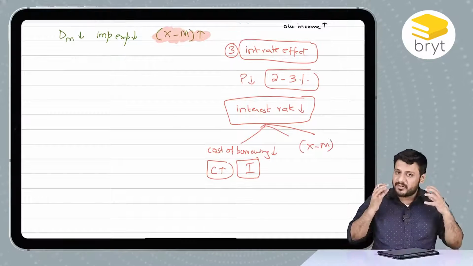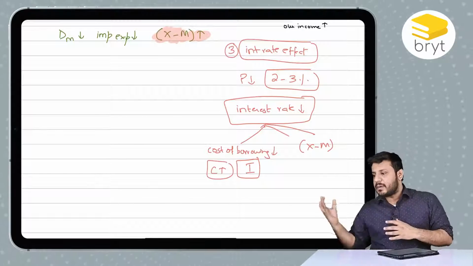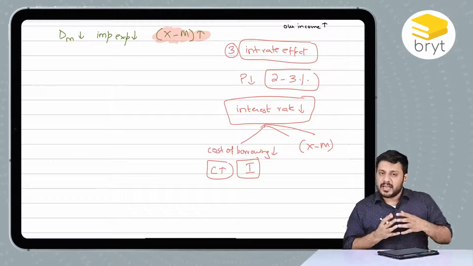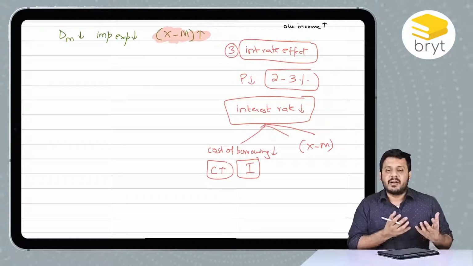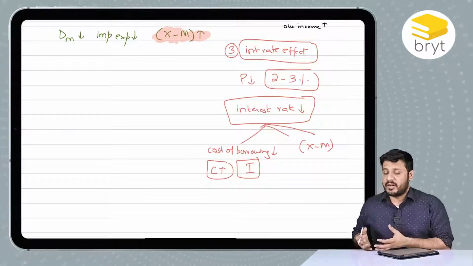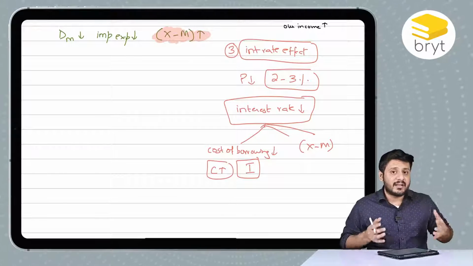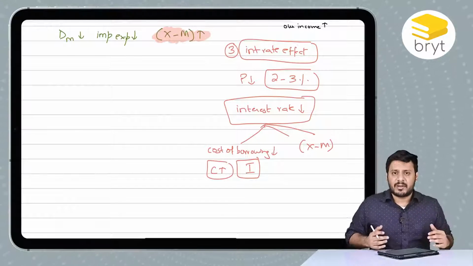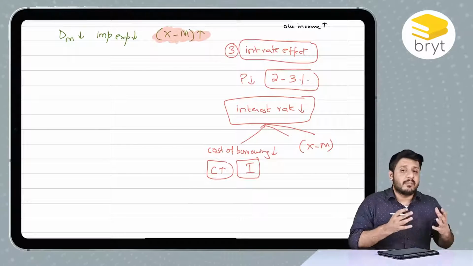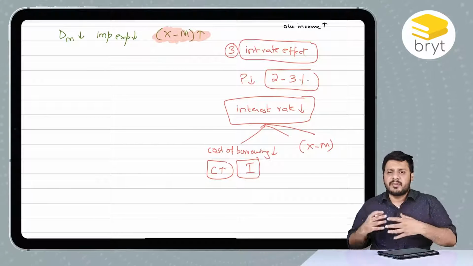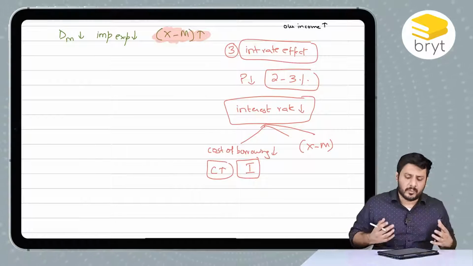Because if interest rates go down, fewer people from abroad would save money in our banks to earn the interest, because they are getting a low relative rate of return. Since interest rates have declined, the relative rate of return would go down as well, and people from abroad would prefer to deposit their money in some other countries' banks instead of our domestic banks.